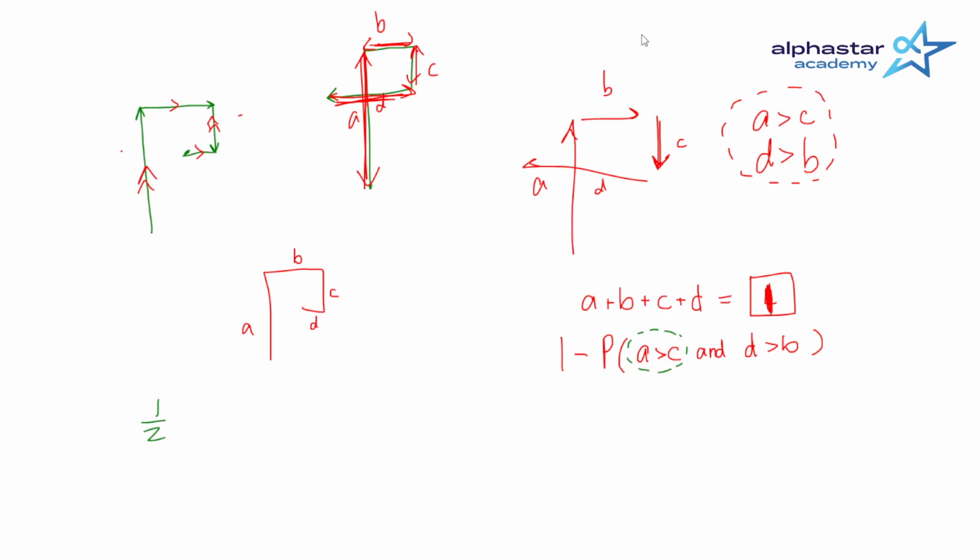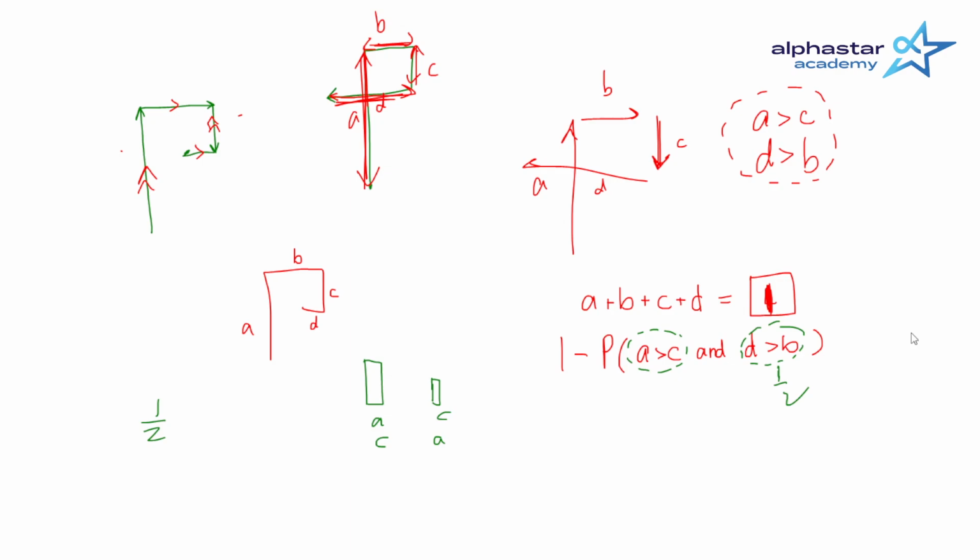One other way to think about it is that if we choose the 2 values and then assign one of these to A and the other one to C, then in exactly one of these cases A is greater than C, and in the other case C is greater than A. So that's just 1/2. Similarly, the probability that D is greater than B is also 1/2, due to symmetry.